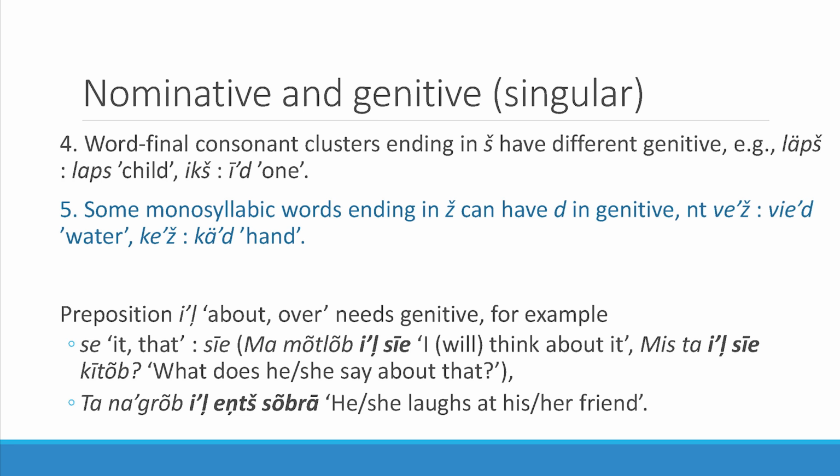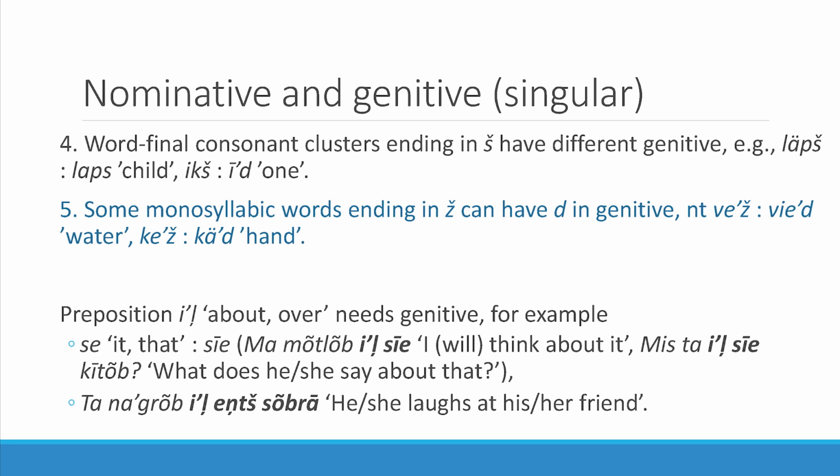And also there are some monosyllabic words ending in je that can have d in genitive, like the words water, hand, like vej and vied, and age and cad. So yes, these are the exceptions.